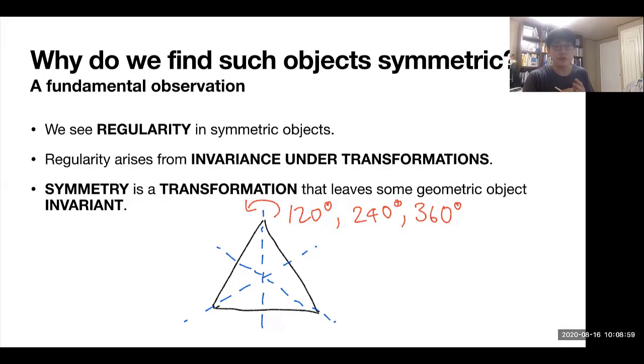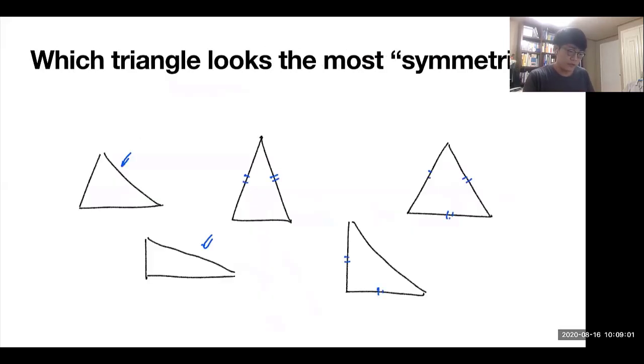And in the case of equilateral triangle, or if we go back to these examples, the fact that you have this regularity such that these 2 sides are equal, which is the aspect of the symmetric object that you have identified, the key fact is that this triangle admits more transformations that leave this triangle invariant.